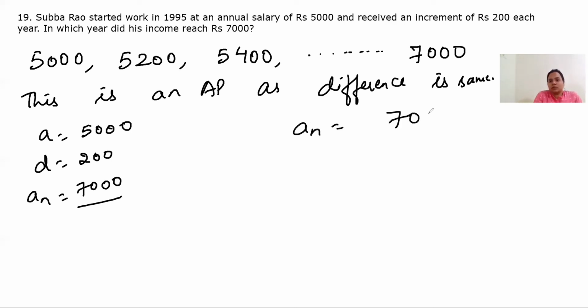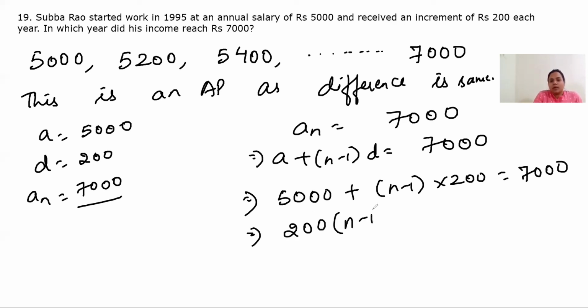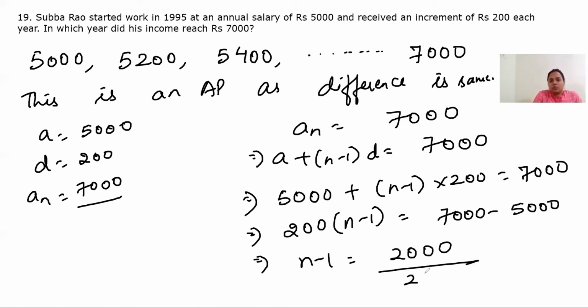That means A plus N minus 1 D is 7,000. 5,000 plus N minus 1 into 200 is equal to 7,000. So 200 into N minus 1 is 7,000 minus 5,000, and N minus 1 is 2,000 by 200. Cancel, 10. N is equal to 11.